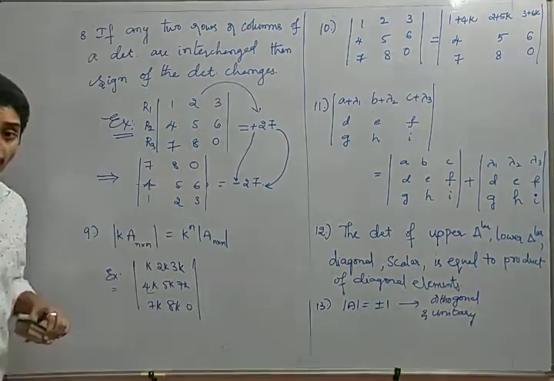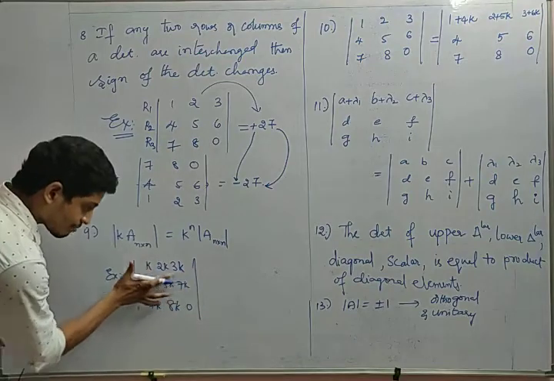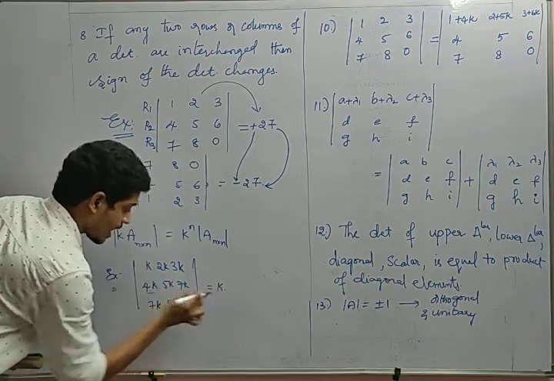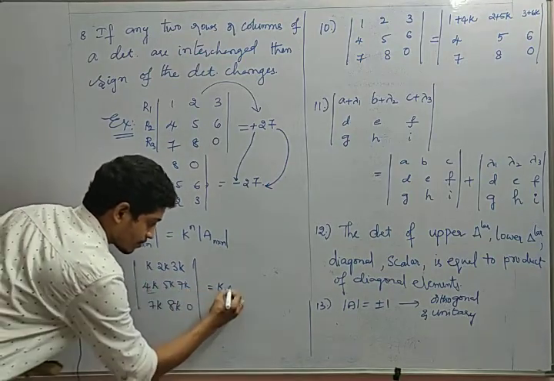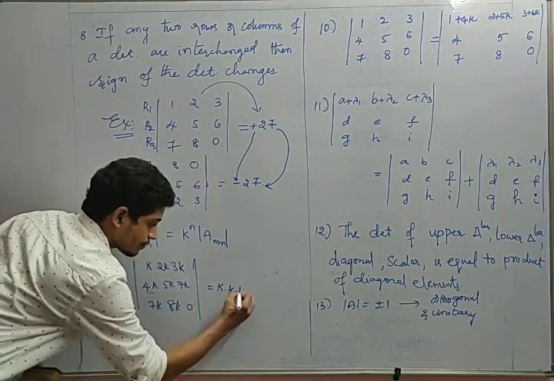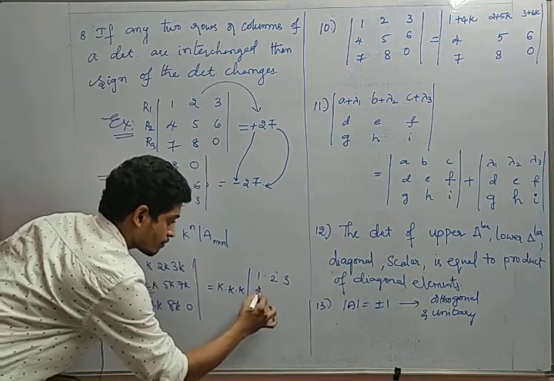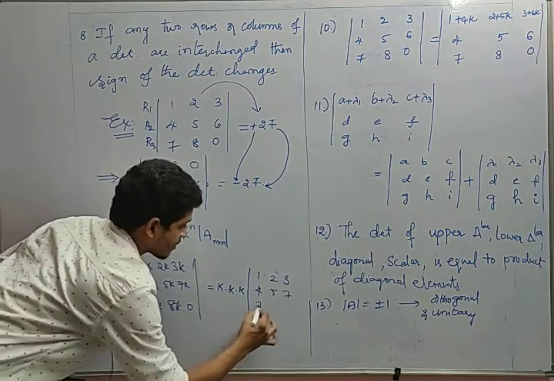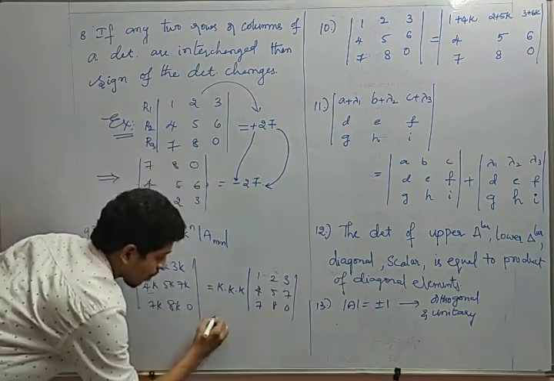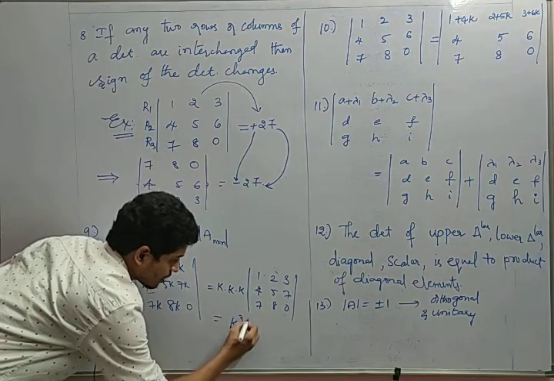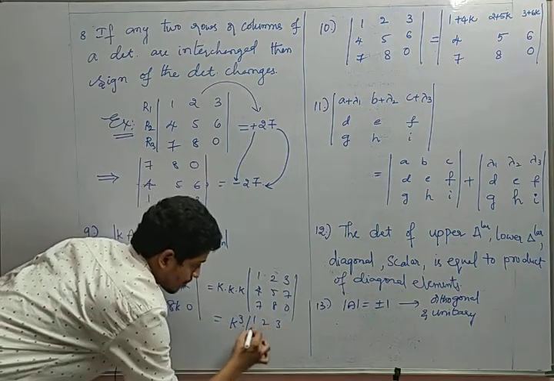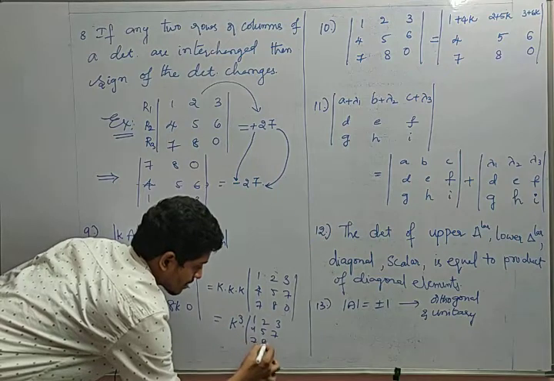So now how can we calculate? Take 1k from this row, 1k from this row, 1k from this row, and the determinant of 1, 2, 3, 4, 5, 7 and 7, 8, 0. Right, now what we are getting? K cube into the determinant of 1, 2, 3, 4, 5, 7, 7, 8, 0, right?